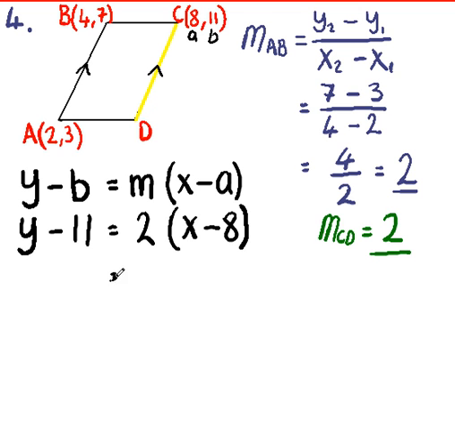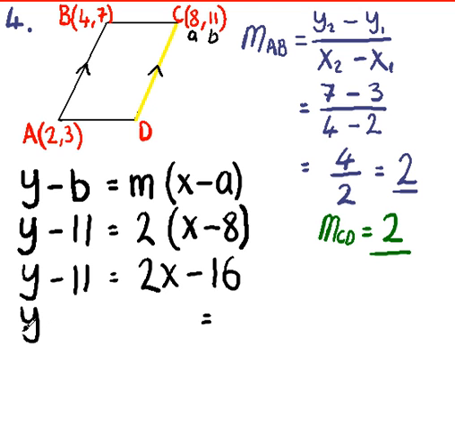Simplifying the right-hand side by multiplying out the bracket, that gives us 2x and 2 times minus 8, which is minus 16. Now we're going to collect everything onto the left-hand side.